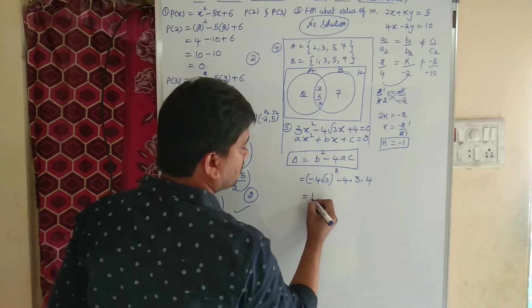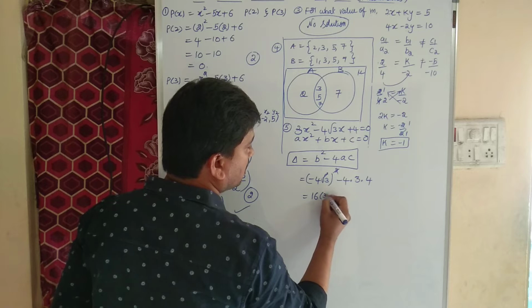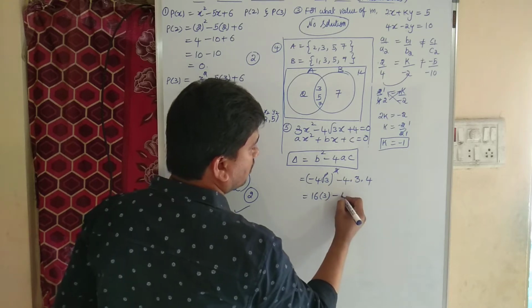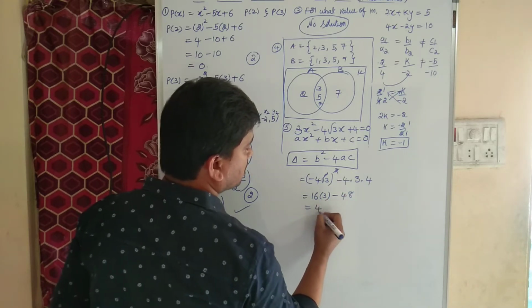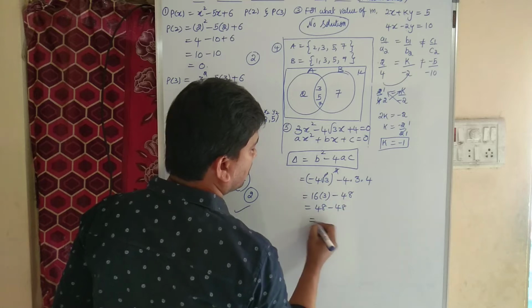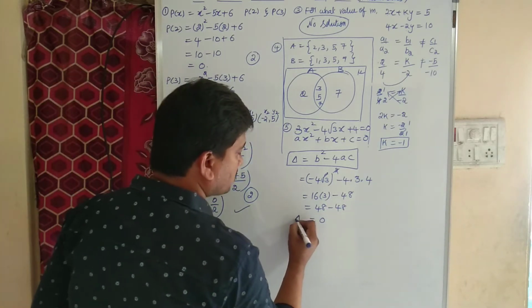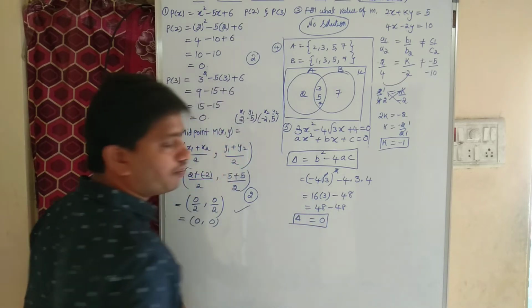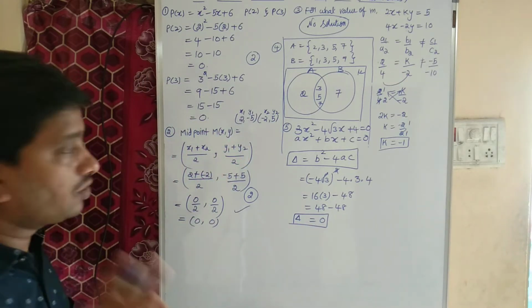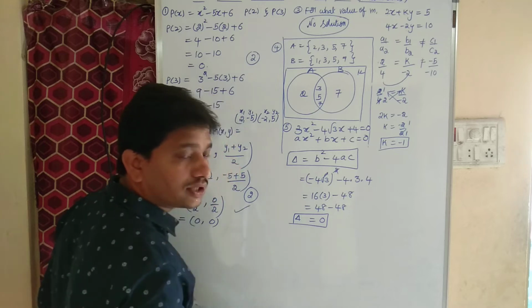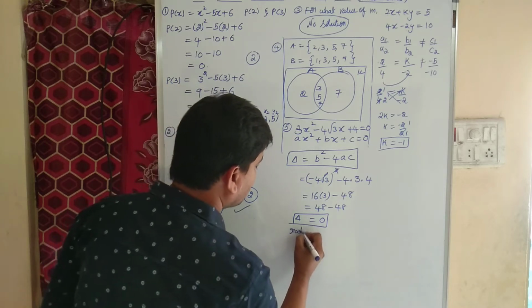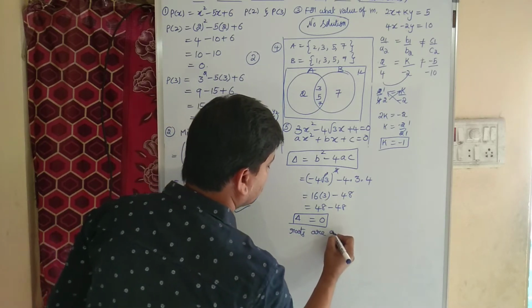4 square is 16, square root cancels, 16 3s are 48, minus 4 3s are 12, 12 4s are 48. So 48 minus 48 implies 0. So what did we get, children? We got delta equal to 0. If b square minus 4ac equal to 0, what is the nature of roots? Roots are equal, children.